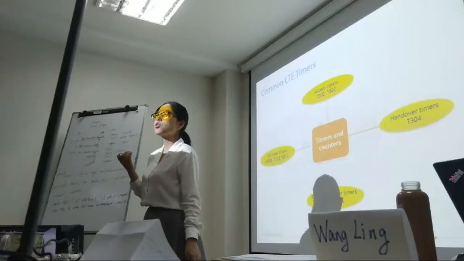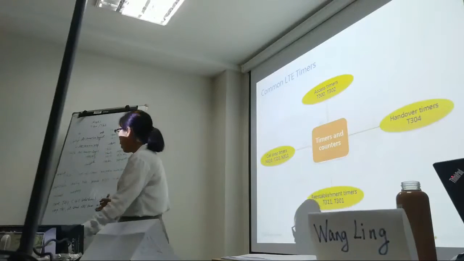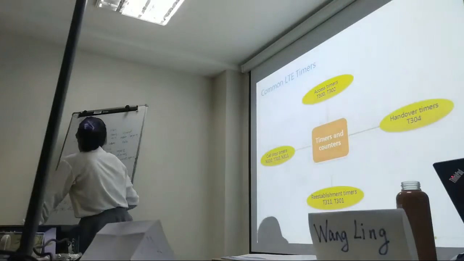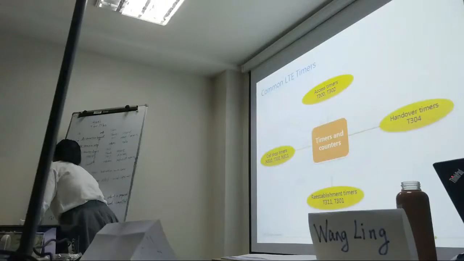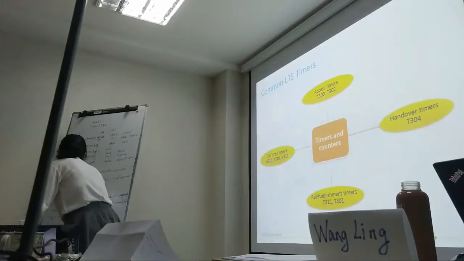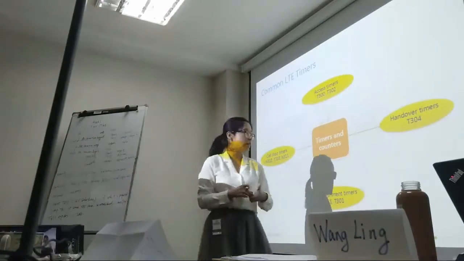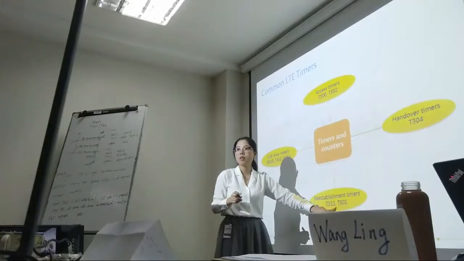But if it cannot receive, okay, go to idle state. Yes. So if during T311 I cannot reselect one, if T311 expires, UE goes to idle state. Like this. This is the re-establishment timers.